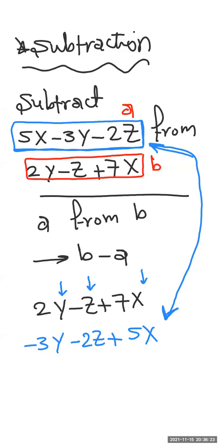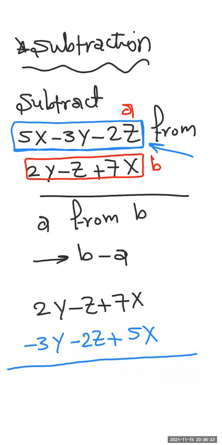After arranging the expression with the same order of variables, the next step is to subtract. How to subtract? Just change the signs. Look here, this one, and this one, and this one.